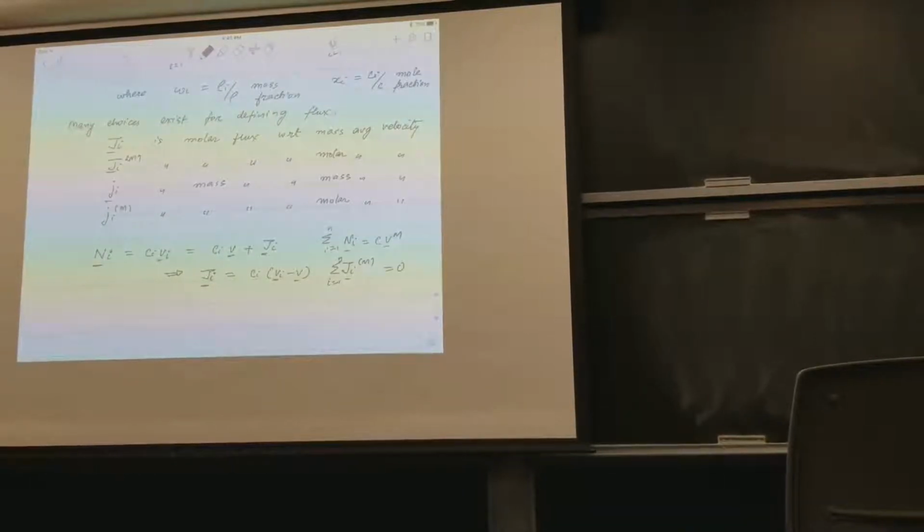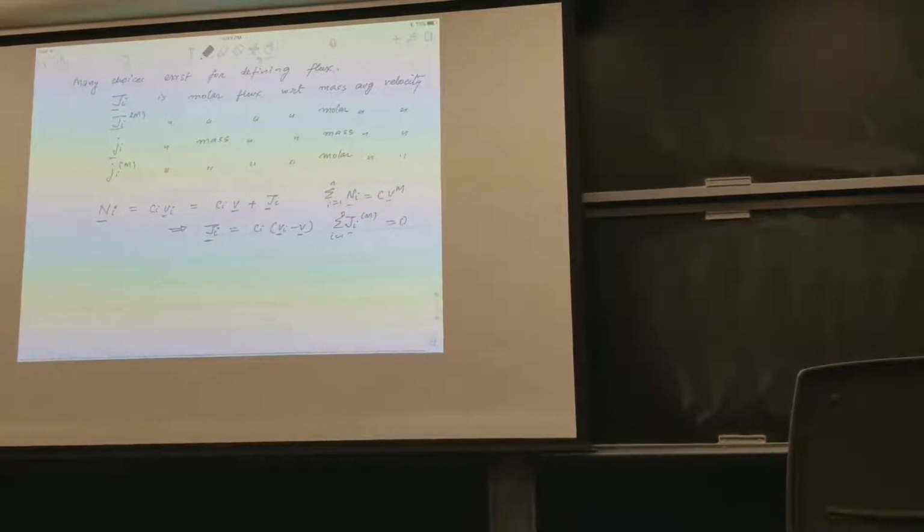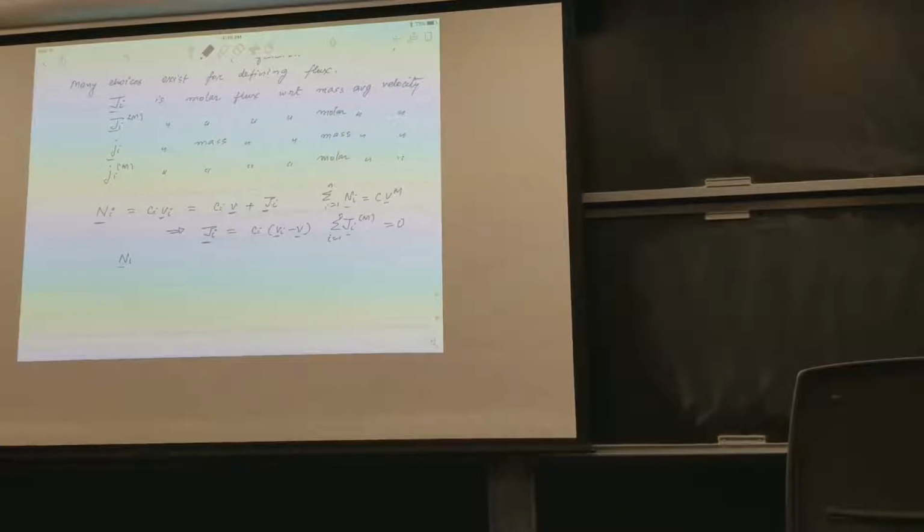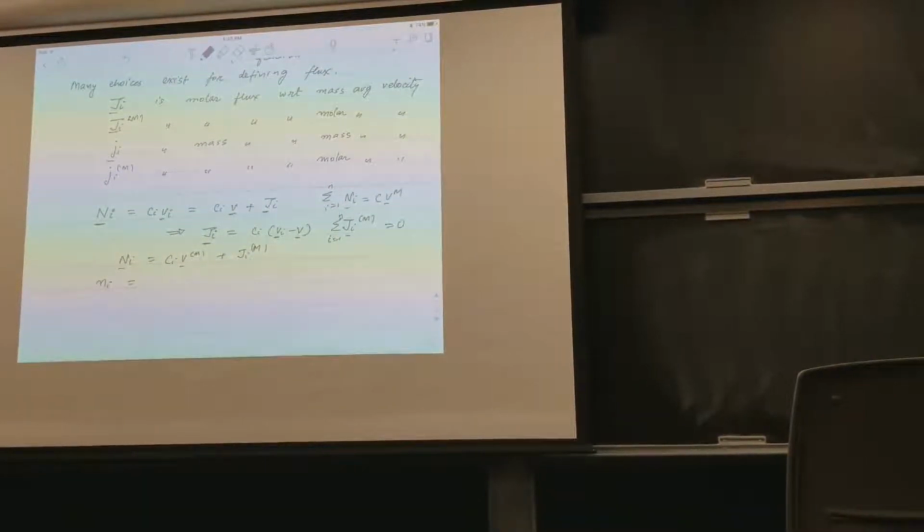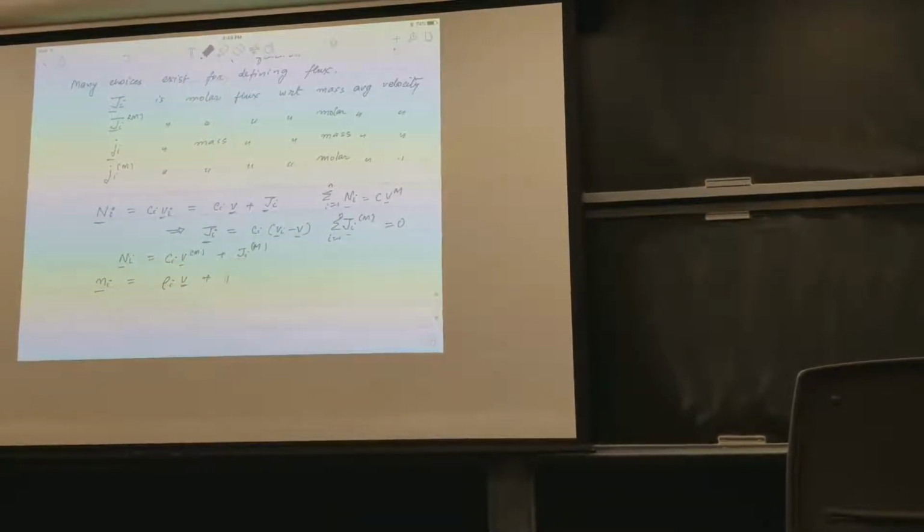You can prove these identities to yourself, and I can also write N_i in terms of C_i V_M plus J_i. Likewise, you can write N_i is equal to rho_i v plus J_i: convective, diffusive.